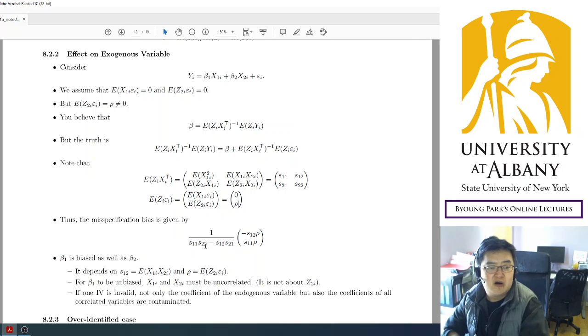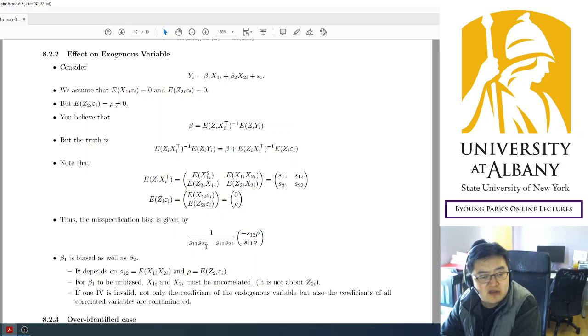So remember, now let's read it. So first, the denominator is non-zero. And I think we cannot determine the sign of this guy. So in this case, we cannot tell what is the sign of the misspecification bias.